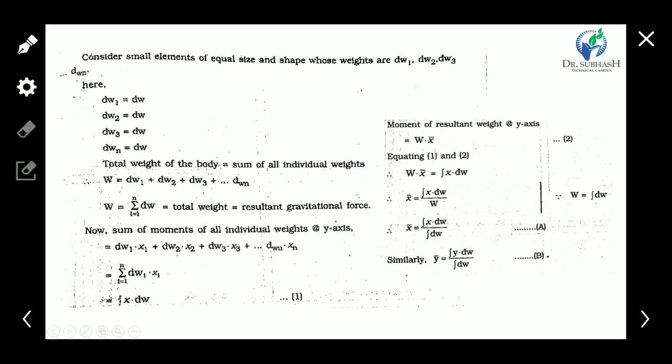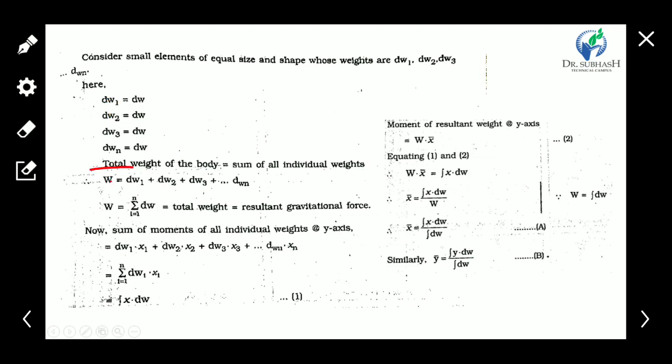Now the weights are equal, so dW1 is equal to dW, dW2 is equal to dW, dW3 is equal to dW, and dWn is equal to dW.